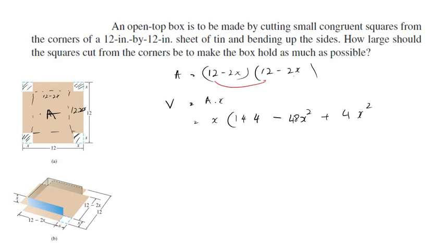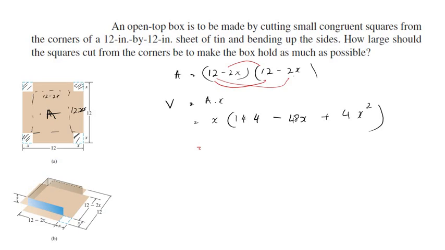I think I said 48x but I wrote 48x squared; it should be 48x. You get the 48x by multiplying 12 by 2x, which is 24x, twice, and you get 48x, plus 4x squared.